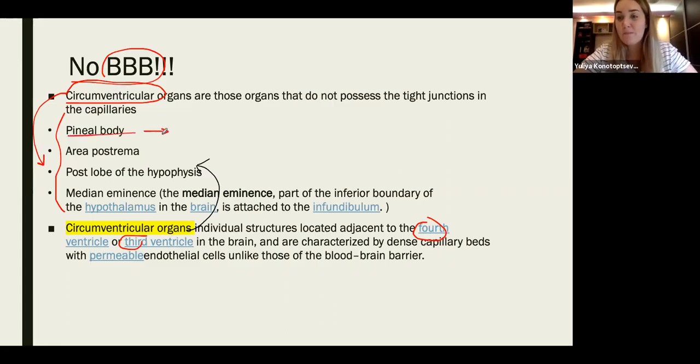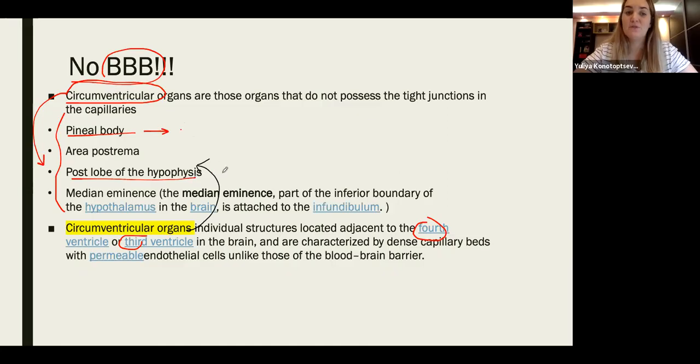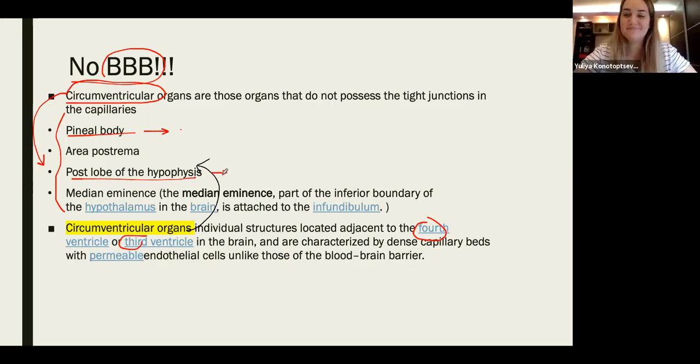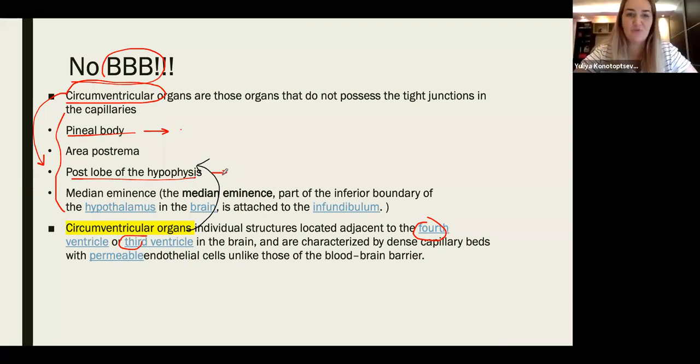Quickly, what does it make? Melatonin. Very good. It makes melatonin. Posterior lobe of the hypophysis. What does it make? ADH and oxytocin. I caught you, because it doesn't make ADH and oxytocin. It stores the hormones. It stores ADH and oxytocin. So the posterior lobe of the hypophysis does not make anything. It simply stores ADH and oxytocin.